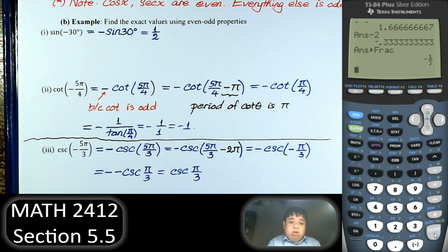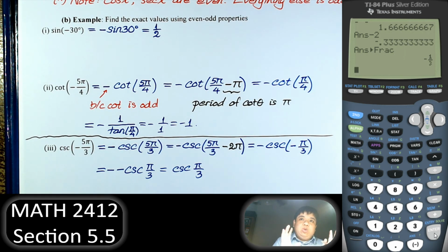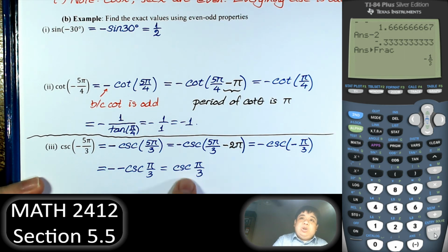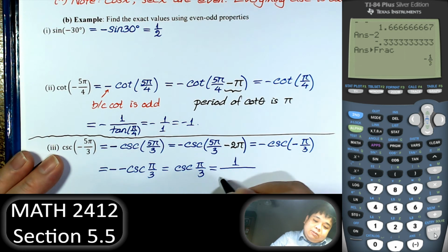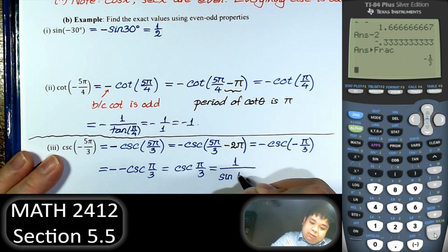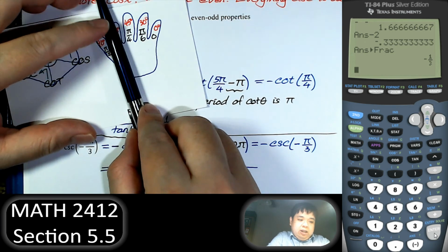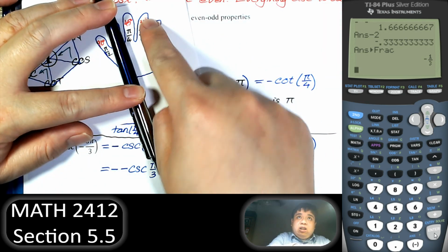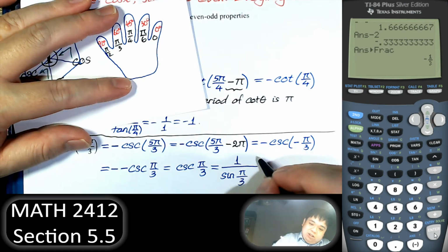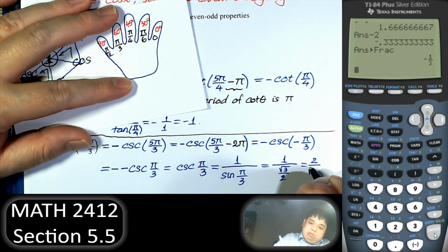Subtracting gives a very small angle, within 0 and pi over 2, so we can easily find the values. Cosecant is 1 over sine of pi over 3, and sine is the square root of the number of fingers on the right divided by 2. So it is 2 over square root of 3.